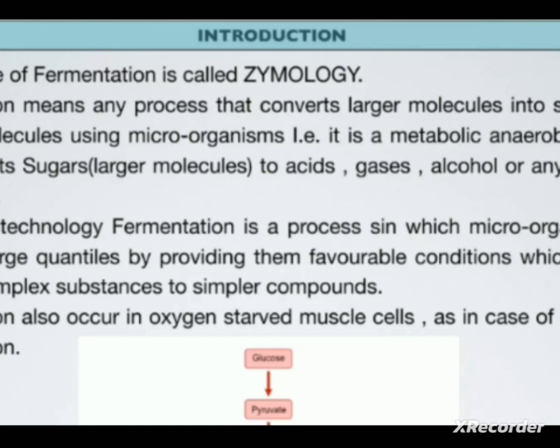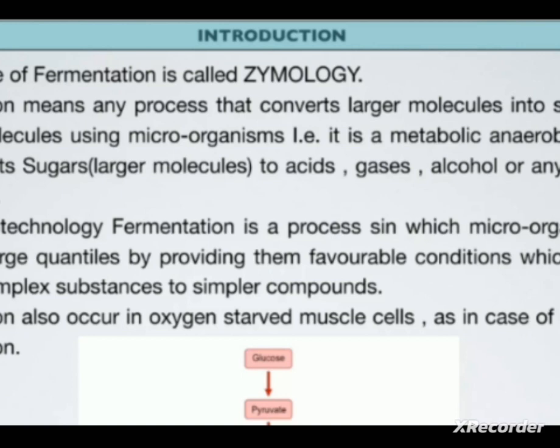It's a metabolic anaerobic process that converts sugar, which is a large molecule, to acid, gases, alcohol or any metabolic byproduct. So in biotechnology, fermentation is a process in which microorganisms are grown in large quantity by providing them favorable conditions, which converts organic complex substances to simpler compounds.